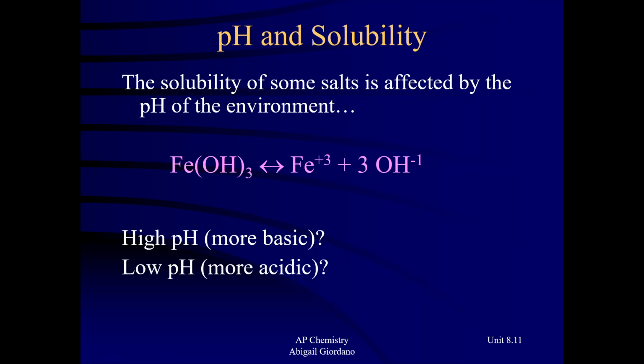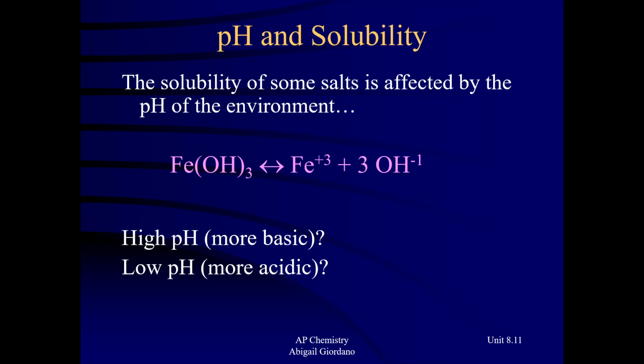Maybe we're trying to dissolve this salt in a more acidic environment. Let's think back to earlier in this unit. If you have an acidic environment, that indicates that there will be lots and lots of hydronium, H3O plus, floating around. And you might say, well, hydronium's not in that equilibrium system up in purple, so it's not going to have any effect. Well, it does actually.